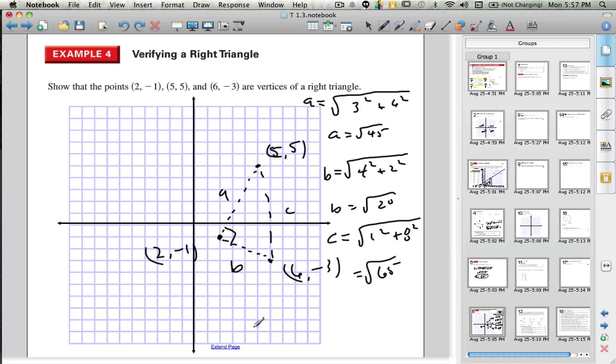So if I put these together and ask, is root 45 squared plus root 20 squared equal to root 65 squared? Well, yes, it is, because this squared is 45, this squared is 20, and this squared is 65. 20 plus 45 is 65, so this shows that this is a right triangle.